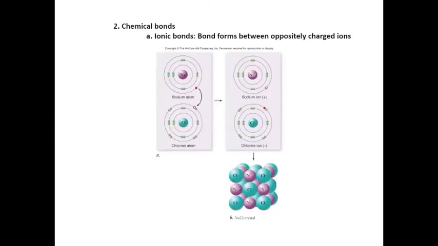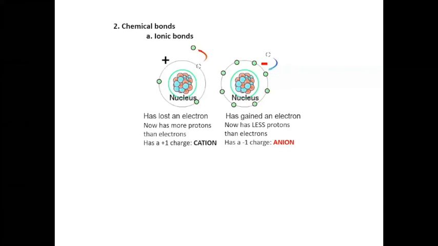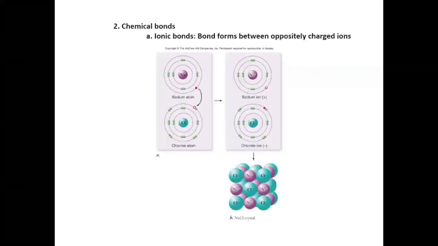Now, an ionic bond, once we have these ions, we can form an ionic bond, and it is none other than the attraction between two oppositely charged ions. That's all it is. It's a bond that forms between oppositely charged ions. As the saying goes, opposites attract.